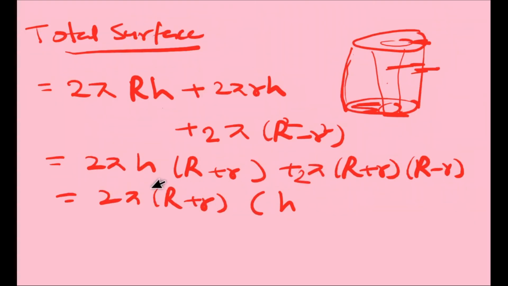What is left here? h plus R minus r. It is double because here is also a ring. So using this formula you can find the total surface. But you should understand when we will use the total surface. It depends on the shape. According to the question you have to find the total surface. Okay, right?